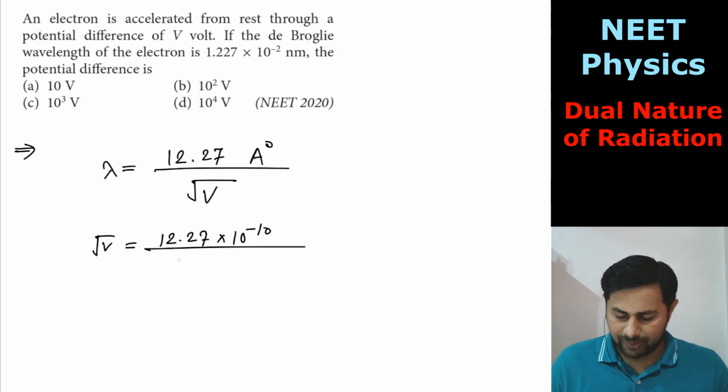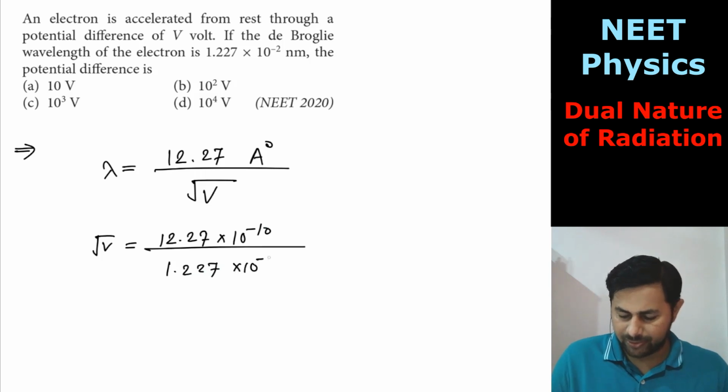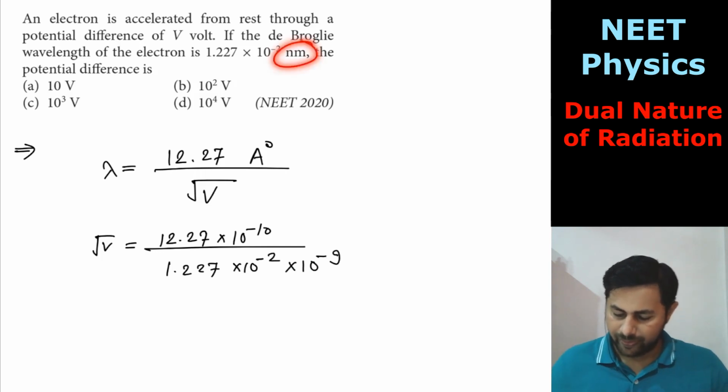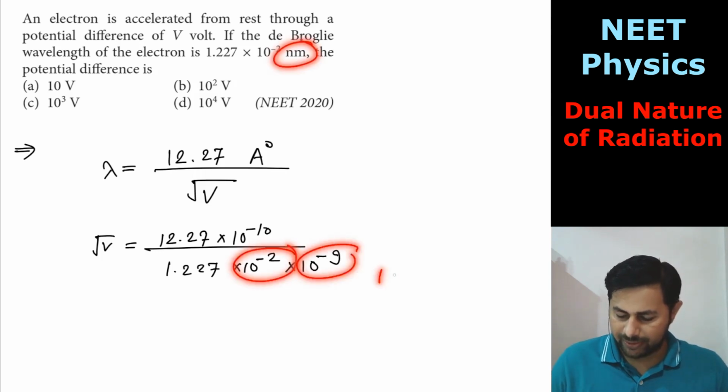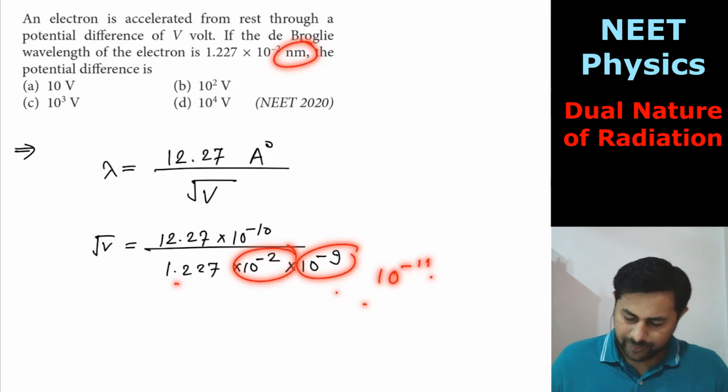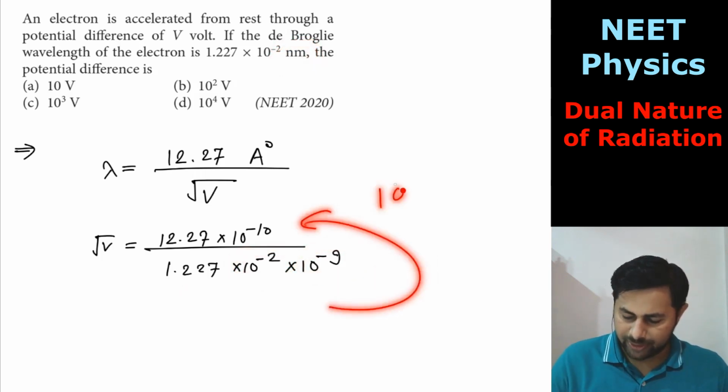Good. And lambda is what? 1.227 multiplied by 10 raised to minus 2, but that is in nanometers, so multiplied by 10 raised to minus 9. Right, this is 10 raised to minus 11. Move that to the numerator, so it becomes 10 raised to plus 11.